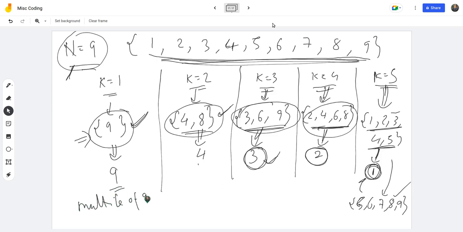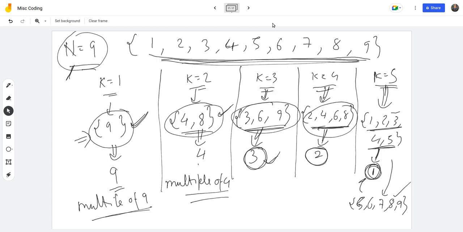For k equals 2, you need to get multiples of 4, which are 4 and 8. Here it was multiple of 9, but we need just one element, so we printed 9. Here we need multiples of 4, which is 4 and 8.